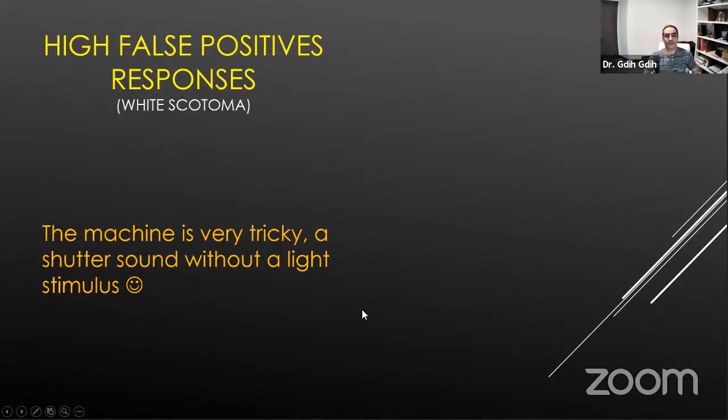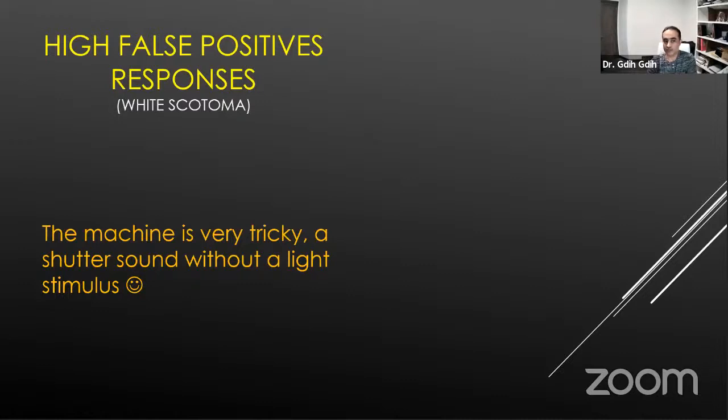Okay, and we have something called high false positive response. What does that mean? It means the patient will respond when there is no stimulus. So what the machine does, it's very tricky. A shutter sound without a light stimulus.